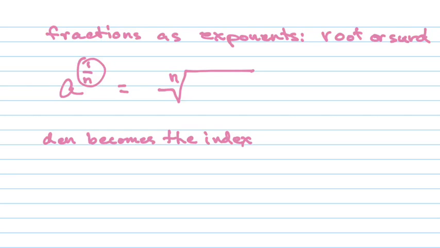It's the nth root of a. Oh, I really shouldn't have used 1 over n, but that's okay. The nth root of a. So whatever that denominator is. If it was 1/2, then it would be a second or square root. If it was 1/3, it's the third or cube root.